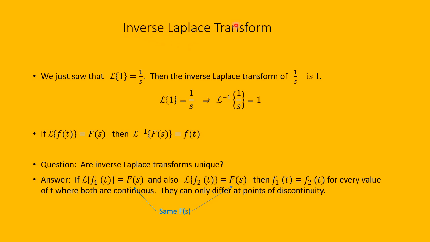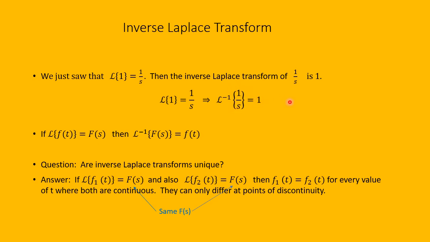Let's talk about the inverse Laplace transform. We earlier saw that the Laplace transform of 1, the function that's constantly 1, is 1 over s. Well, in that case, we can say that the inverse Laplace transform of 1 over s is 1.